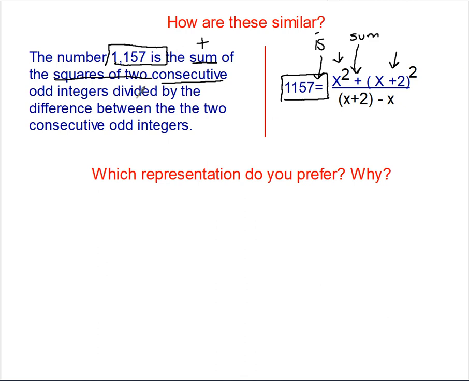And then we have something it's divided by. Divided by is our division line right here. And what is it divided by? It is divided by the difference of something. There's our difference. And it's the difference of two things, the two consecutive odd integers.